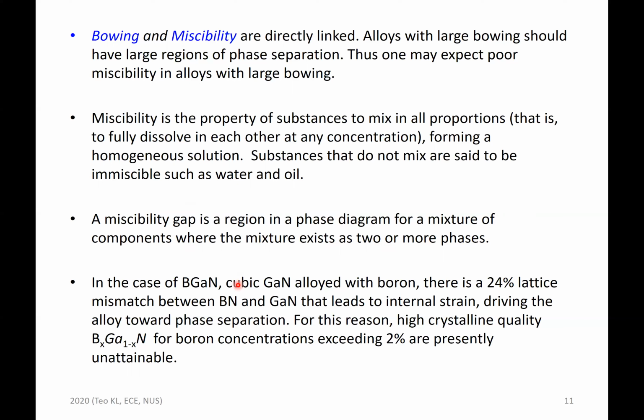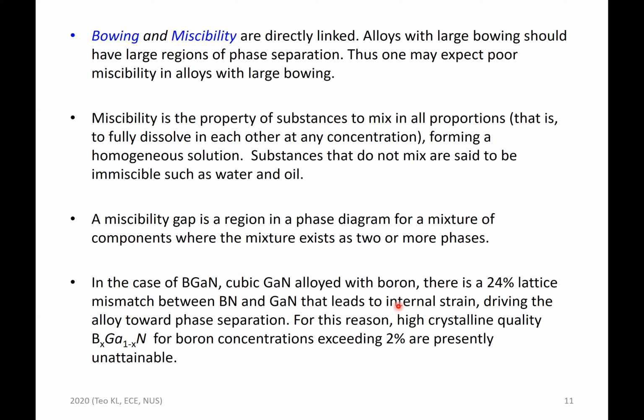So for example, you try to grow boron gallium nitride. Basically the gallium nitride is alloyed with boron. But boron nitride and gallium nitride itself have about 20% lattice mismatch. So you tend to have a lot of strain at the interface.